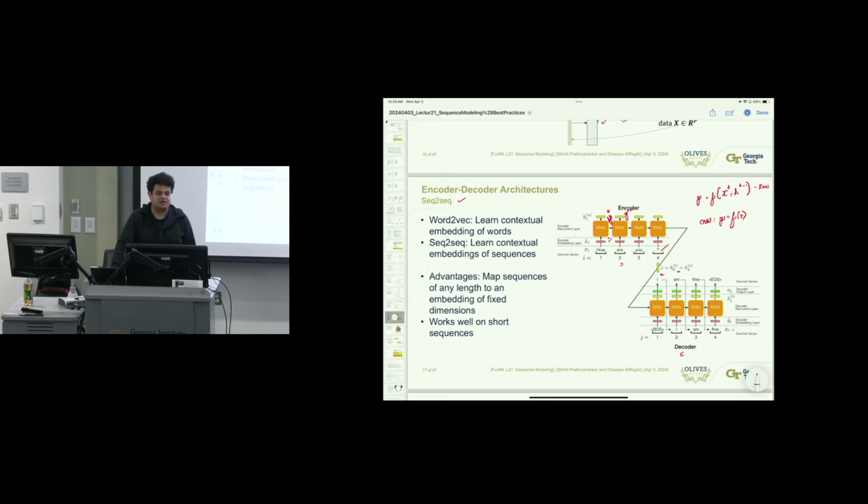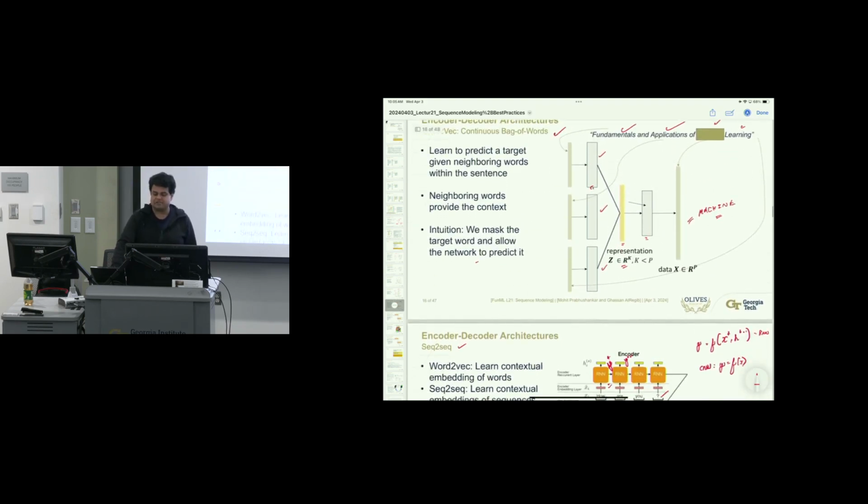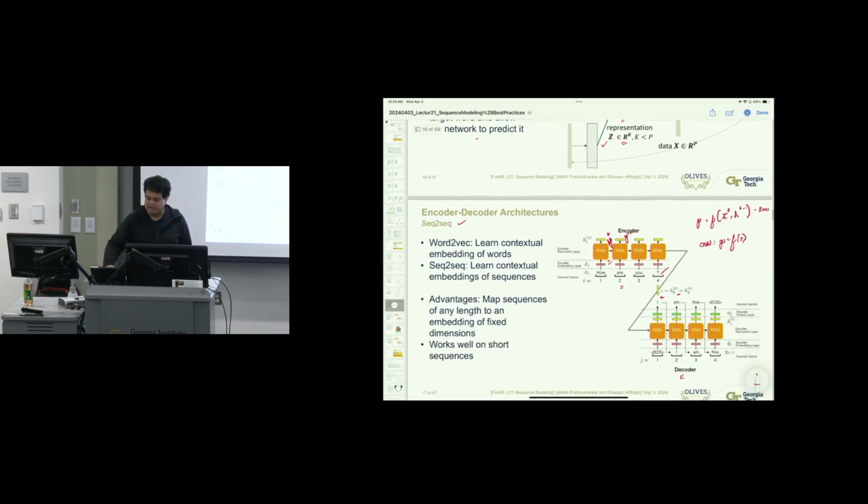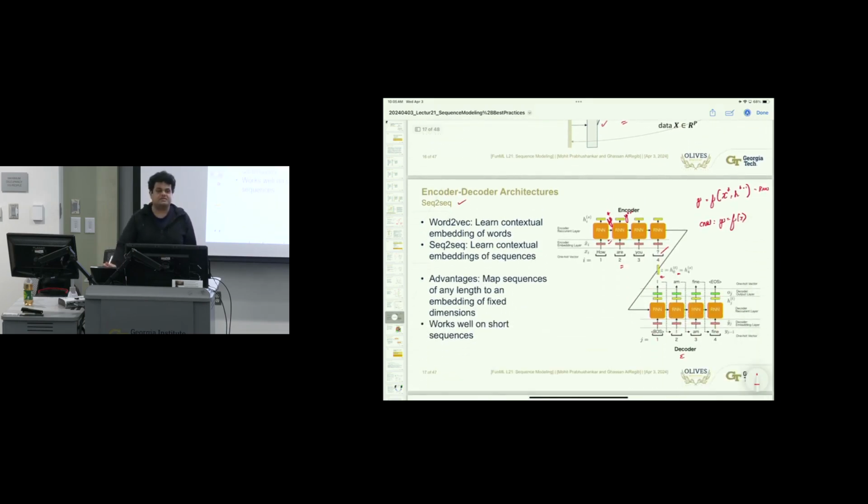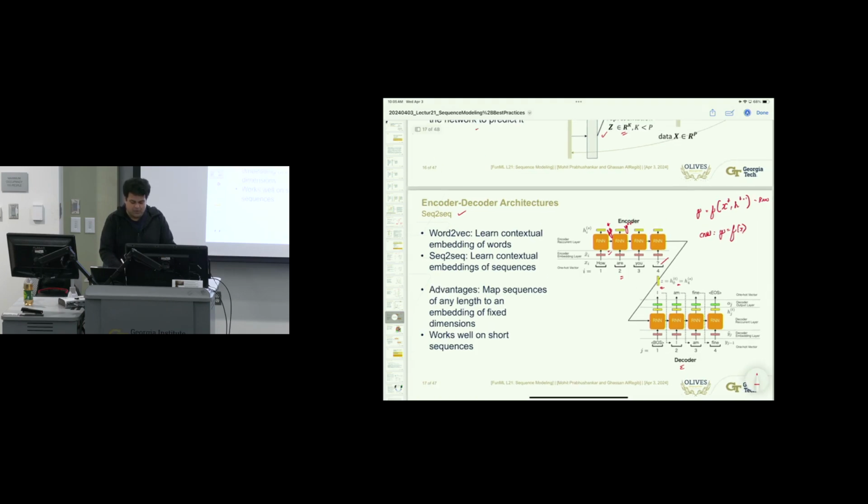And in order to construct the sequence to sequence, it isn't sufficient to have this kind of a simple encoder decoder. Rather, you need RNN or LSTM layers within your architecture. The advantage of this is that we are mapping sequences of any length to an embedding of fixed dimension, which basically means that if I want this embedding to be something like 1024 cross 1, it is always going to be 1024 cross 1.